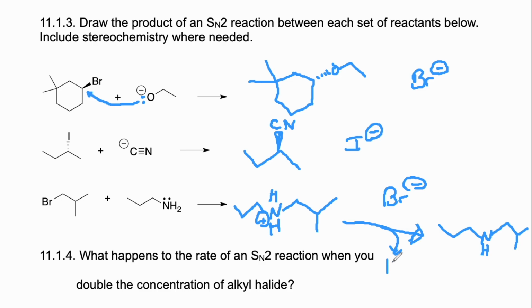We could show the loss of a proton over here. This is generally not a very useful reaction, because sometimes it's hard to prevent the nitrogen from attacking another alkyl halide and making another bond here. So you sometimes tend to get a mixture of products, but just to practice substitution, it's an okay example, I guess.